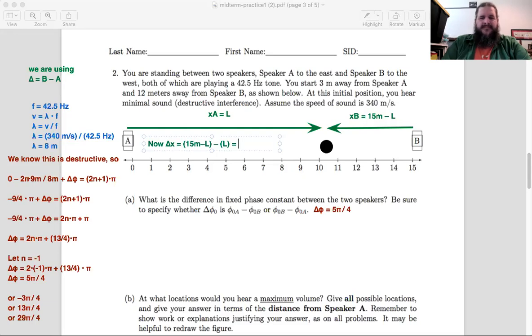It's like 15 minus 2L. Yeah, 15 meters minus 2L. So that would be the difference between these two lengths. The difference between how far wave A travels versus how far wave B travels, that difference is 15 meters minus 2L. Any other questions on that so far?